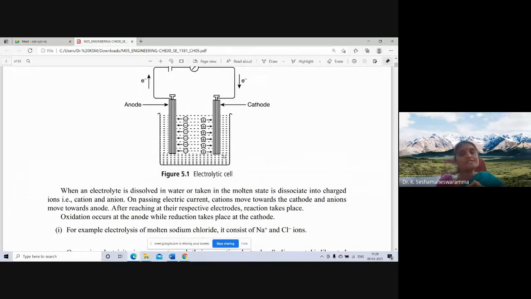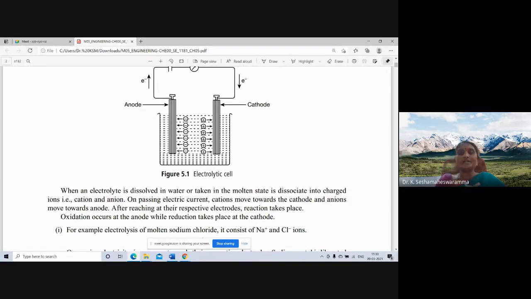It breaks down as Na plus and Cl minus ions. On passing electric current, cations move towards cathode. So here you can clearly observe cations are moving towards cathode and anions are moving towards anode.